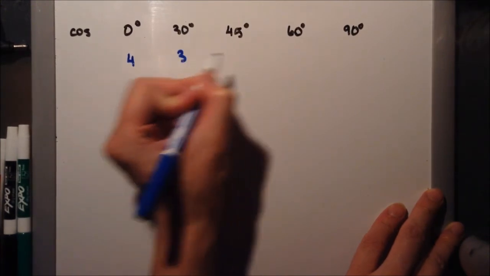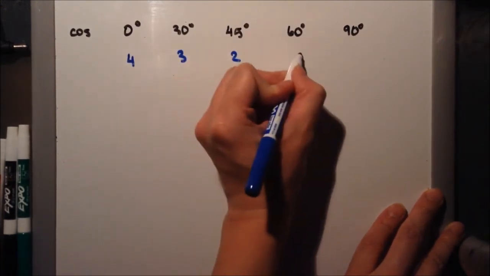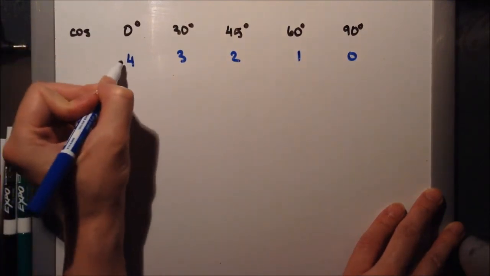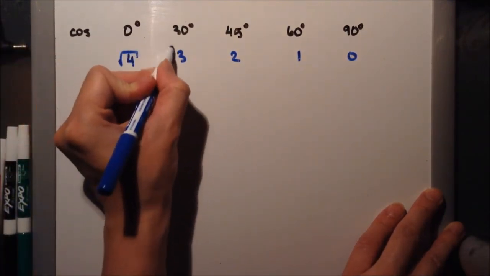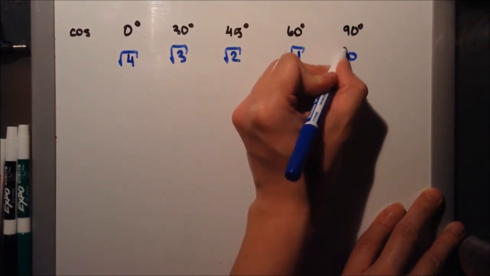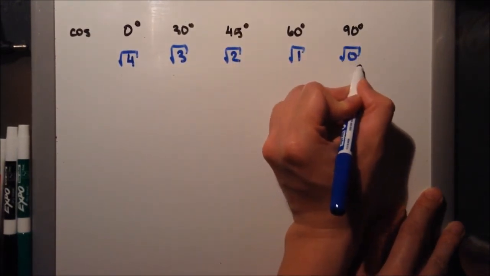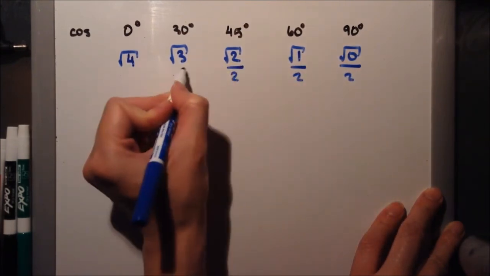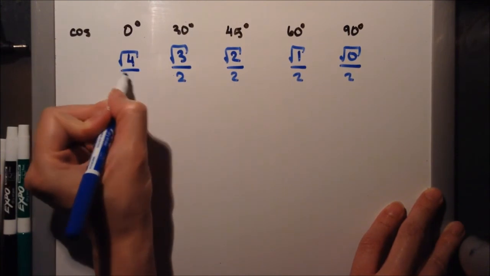So we're going to have 3, 2, 1, 0. Same process: square root each, and then divide each by 2.